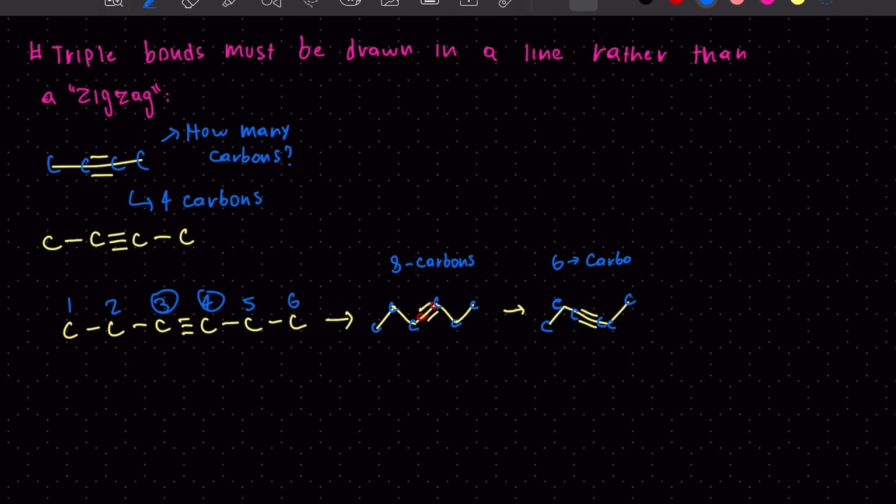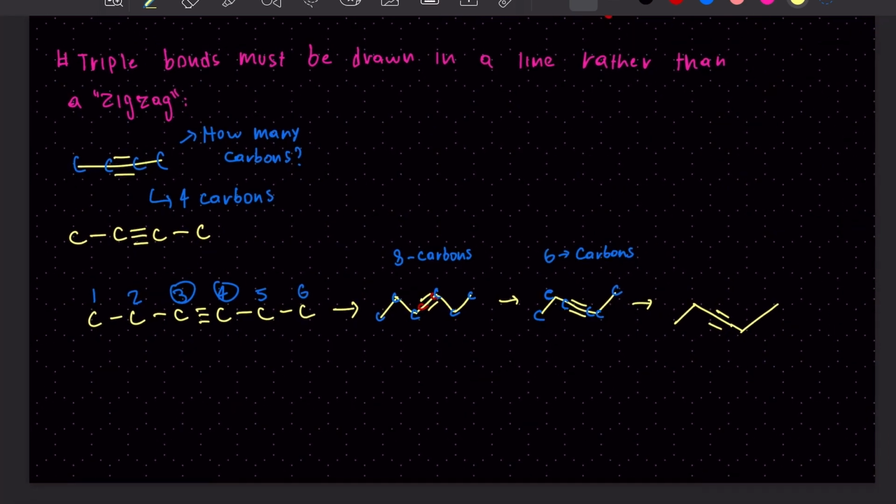So this would be the correct way of drawing the bond line for a triple bond. Show it one more time, like this. This would be the correct way of drawing triple bonds in a bond line structure.